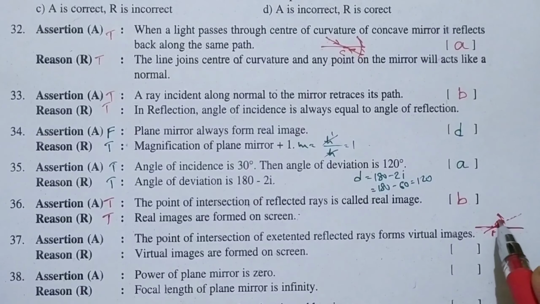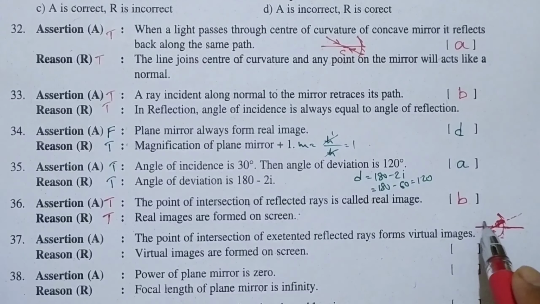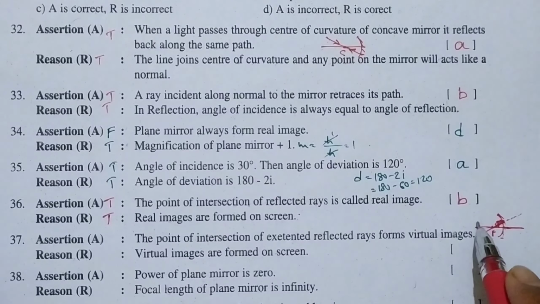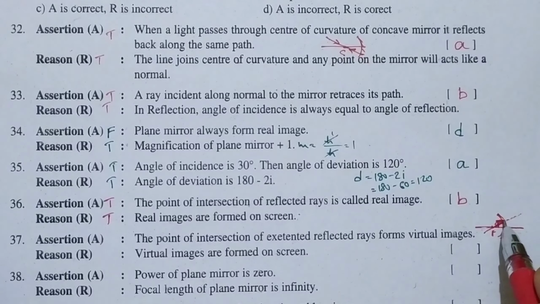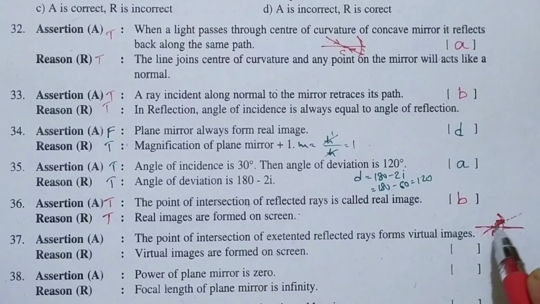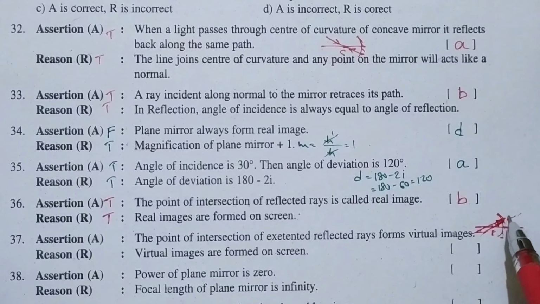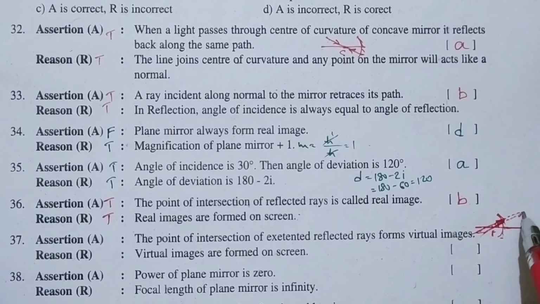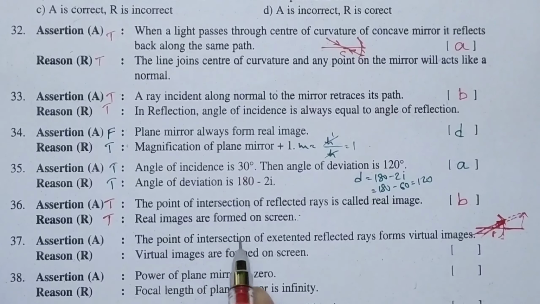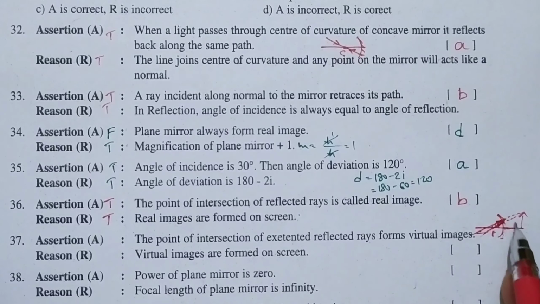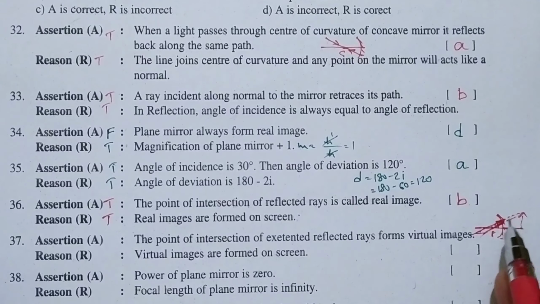That means here we are getting the image behind the mirror, that is virtual image. When we draw a parallel ray, it will pass through focus, right? And any ray passing through C will follow the same path. So by joining you will get the virtual image. That means the point of intersection of the extended rays forms virtual image.